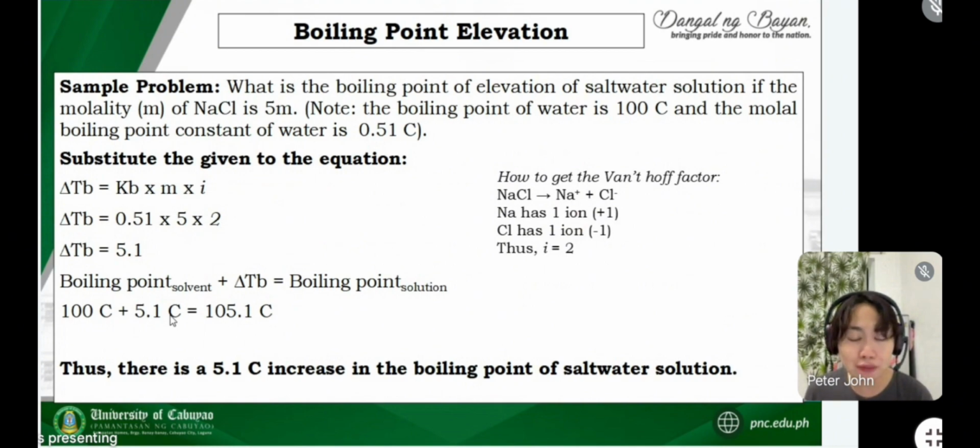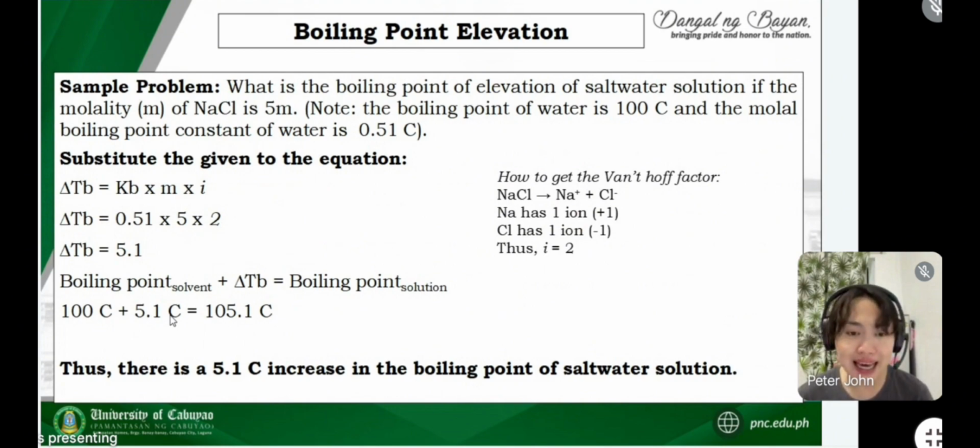So, ibig sabihin lang nito, there is a 5.1 degrees Celsius increase in the boiling point of the salt solution. So, again, ang target lang natin is to identify the change or yung mismong dagdag na boiling point sa mismong original boiling point ng solvent pag hinaluan natin ng any substance.